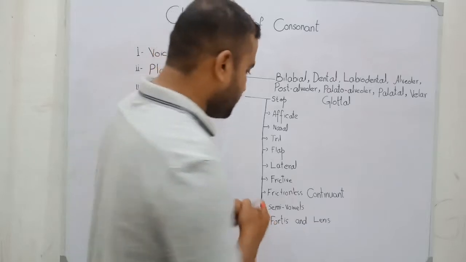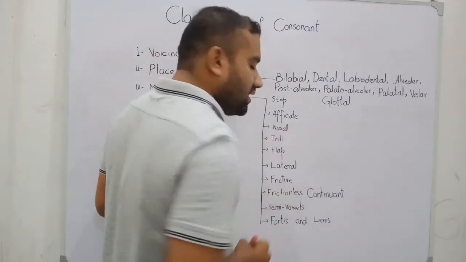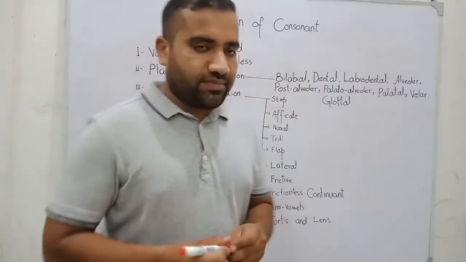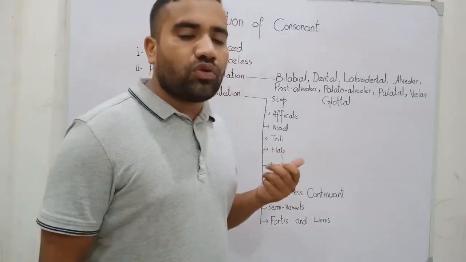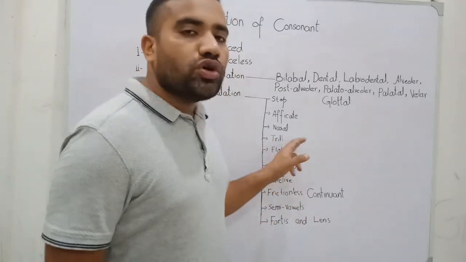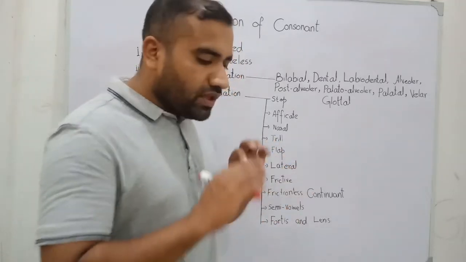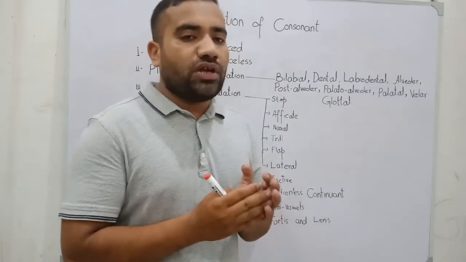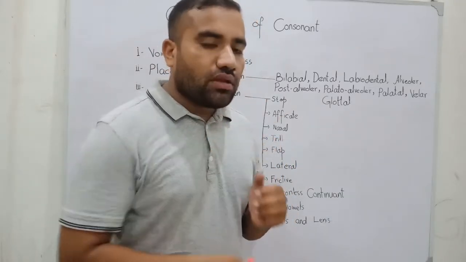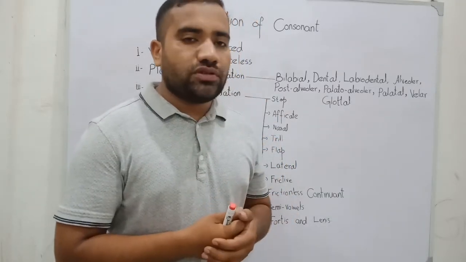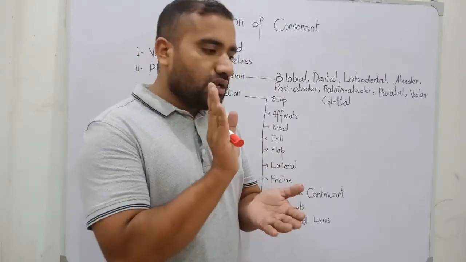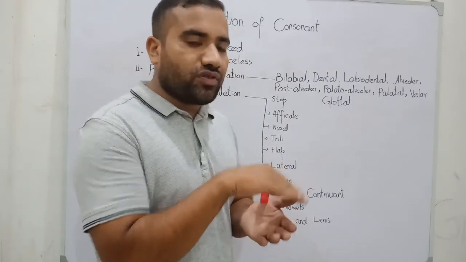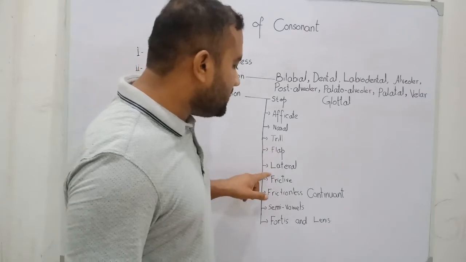Trill. Trills are rolled consonants. When we produce a sound and we roll the tongue, this is called a trill. Flap. When your tongue flaps one time, this is called a flap. Lateral.